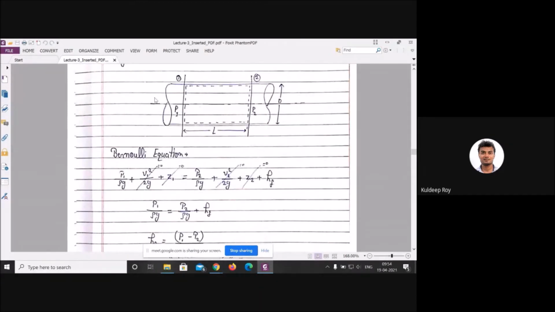What is the formula of area? Area is length into breadth. Now this is the area.